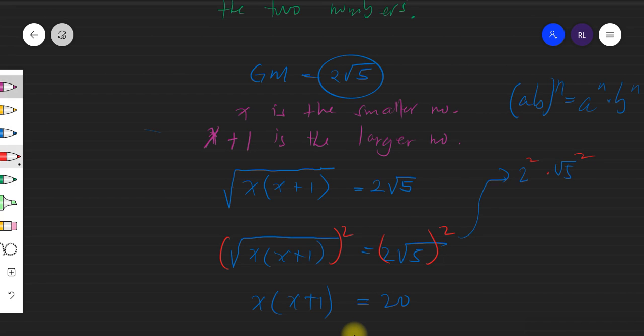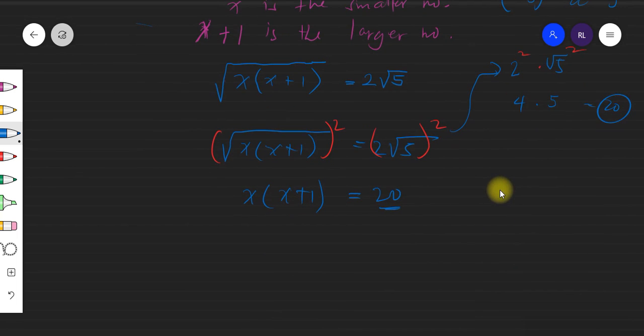So in turn we'll have 2 squared is 4 times, remember, square root raised to square, the square root sign will be cancelled with the exponent, so that will become 5. And that is obviously 20. That's why this becomes 20 here.